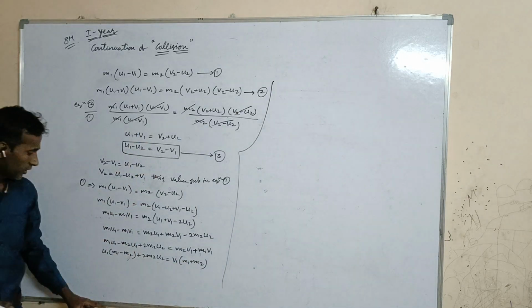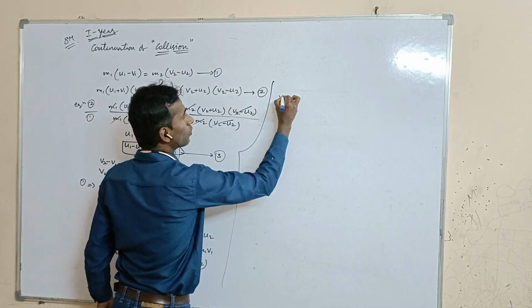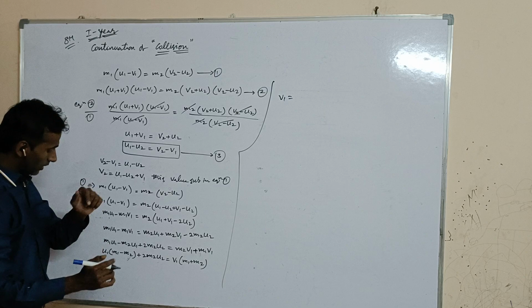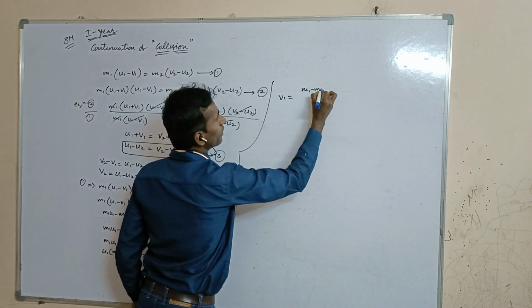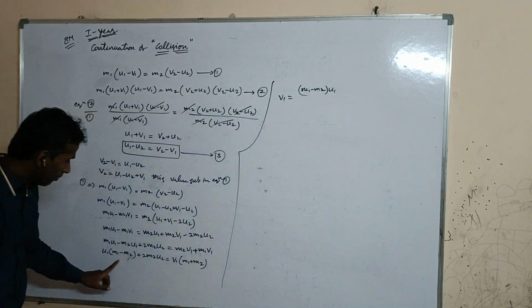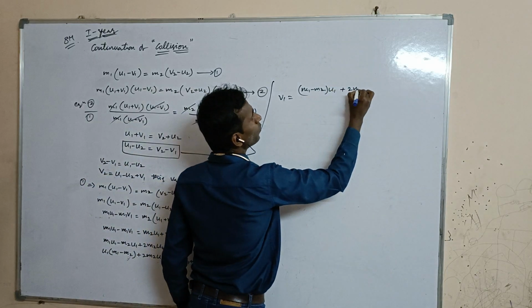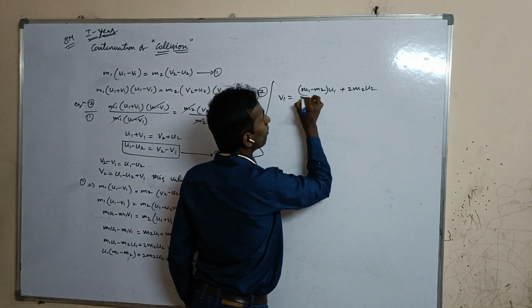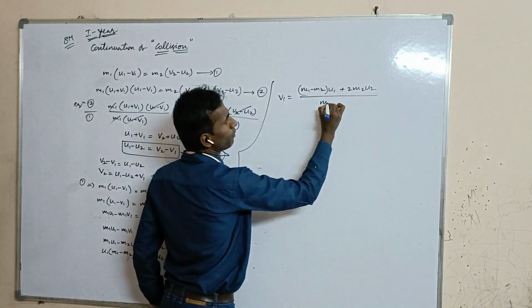Now we require only v1, so v1 is equal to (m1 minus m2) into u1 plus 2 m2 u2, by (m1 plus m2).